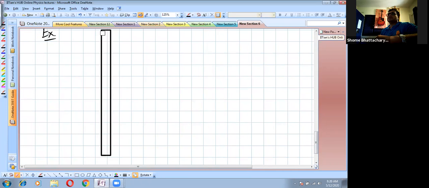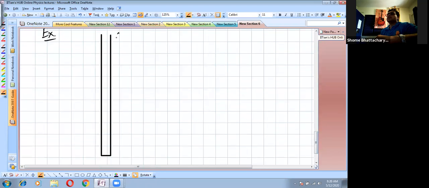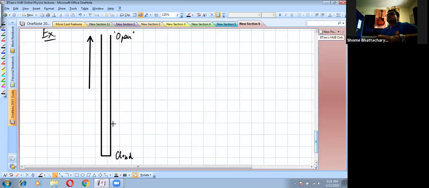Now we have some very standard kind of situation here. We have a glass pipe such that the top end is open, bottom end is closed, and say the length of the pipe is L. Okay, now what we are doing is to make it resonate with the tuning fork.